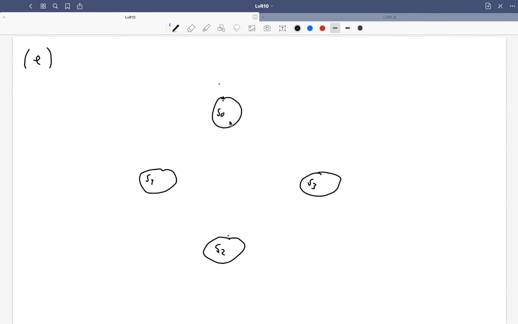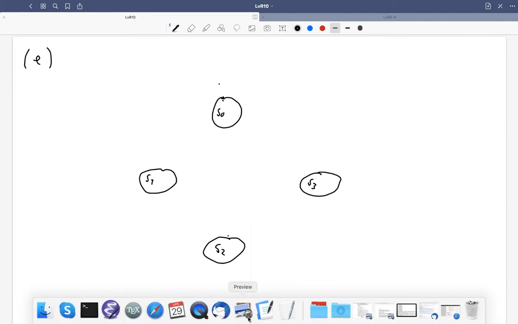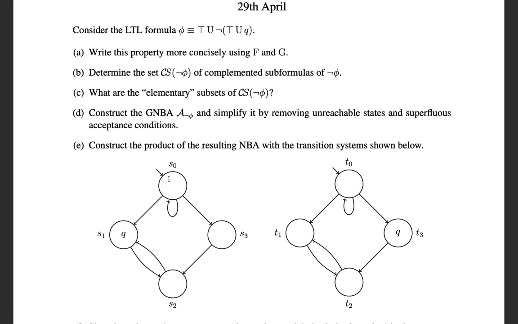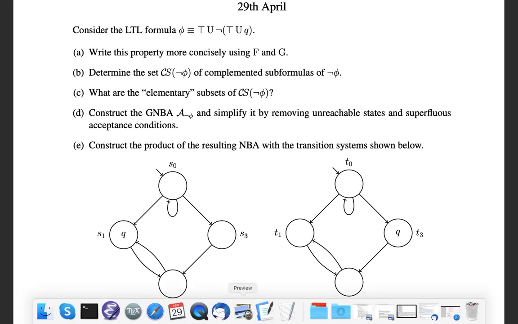And for each state, we can pair that state with all the states in the Bookie automaton that have the same set of atoms. So S0, if we go back to the preview, S0, S3 and S2 had the empty set of atoms.